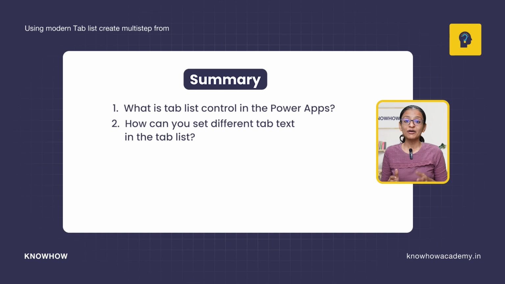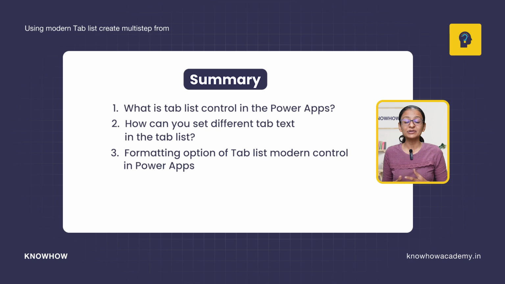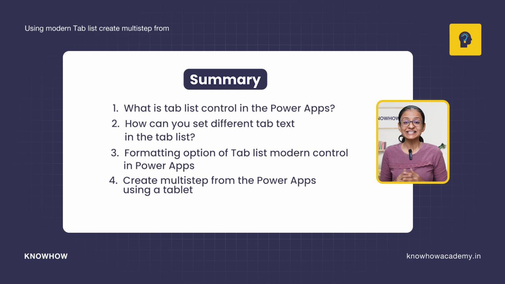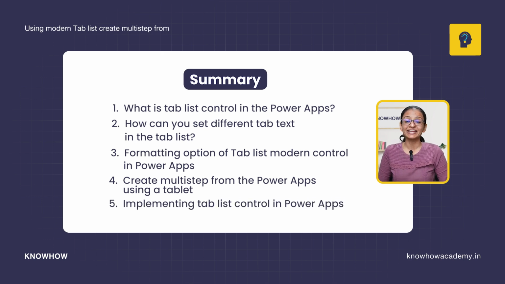Second, you learned how you can set different tabs in the tab list control. Third, you learned how you can format your tab list control. Fourth, you also learned the practical implementation of the tab list control using a multi-step form. And last but not least, possible questions that may arise while implementing the tab list control in Power Apps.